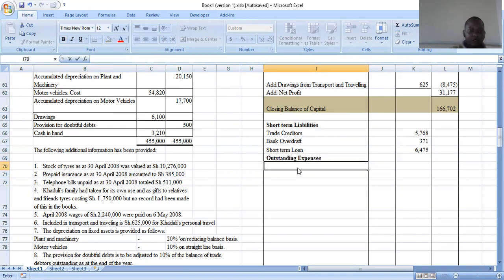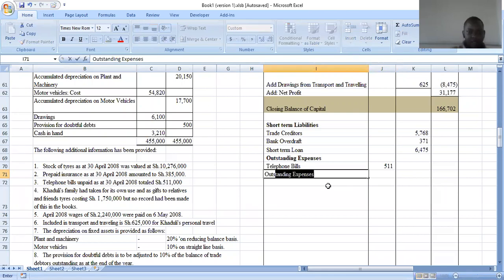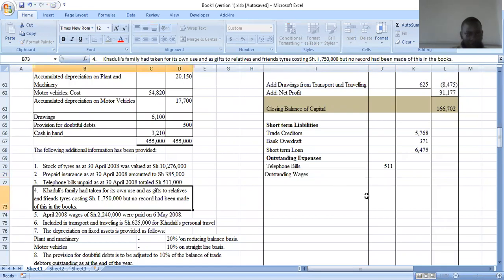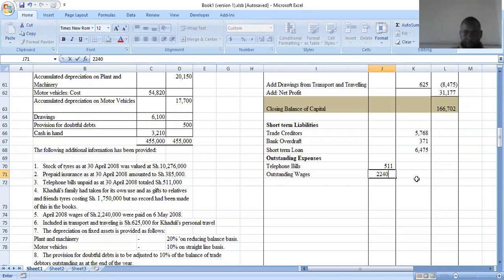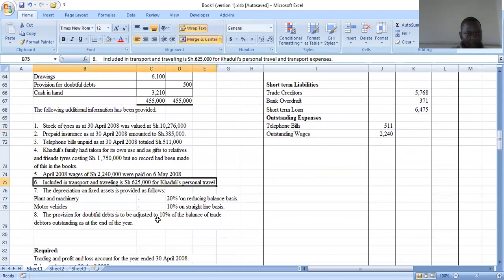Telephone bills, which is equal to 511. The other outstanding expense is wages, outstanding wages of 2240. The other outstanding expense, hakuna ingine.